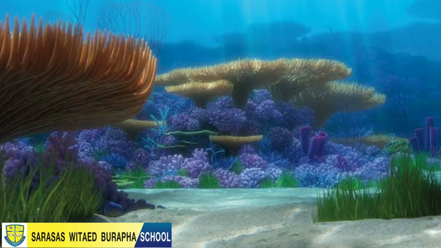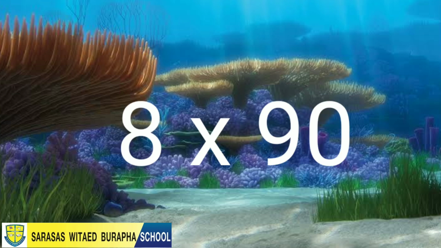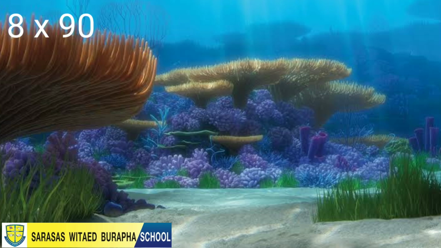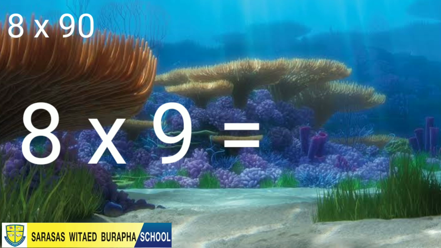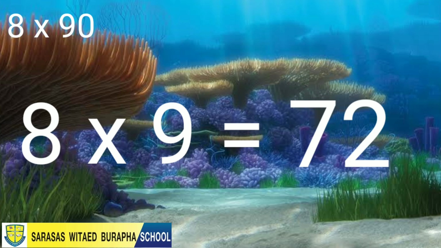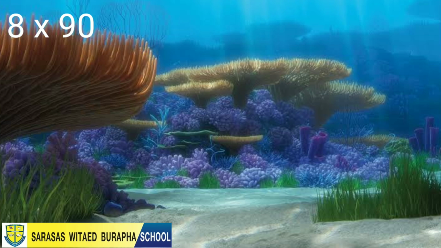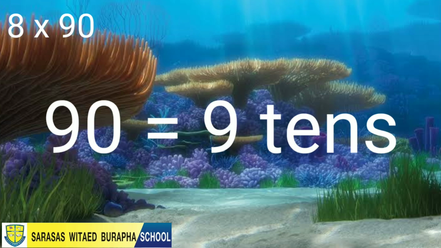Let's go to a bigger number. For example, 8 times 90. If you are going to multiply it by a 1-digit number, that's 8 multiplied by 9 is equal to 72, right? And if we multiply it by 2-digit numbers, 90 is 9 tens.